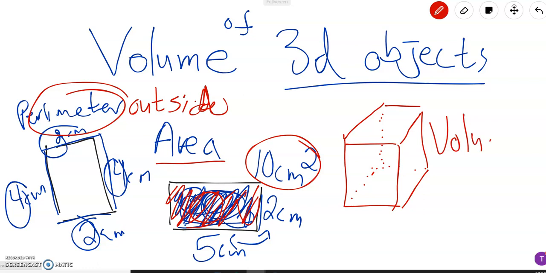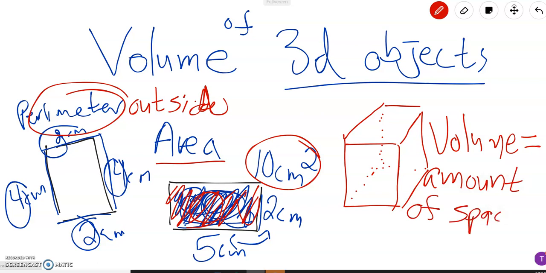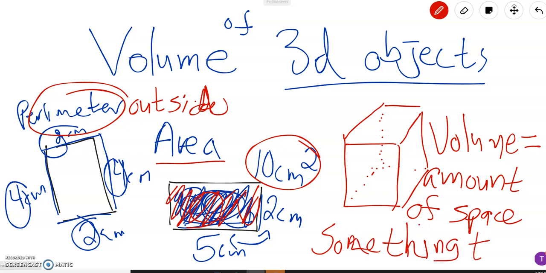Volume is equal to the amount of space that something takes up. The amount of space that something is taking up, right?